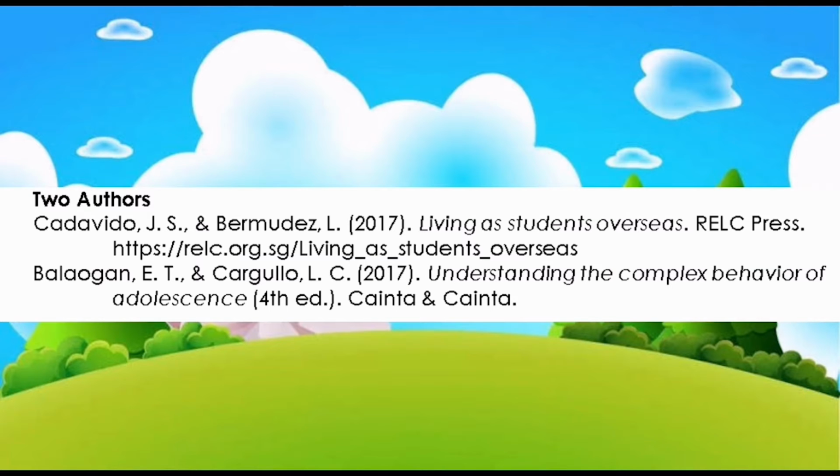Of course, you have to write the copyright year or the year of publication, which is 2017. And then the title of the book, Living as Students Overseas, that is italicized. And then of course, the name of the publisher, which is RELC Press. And then the website where you got this book, if it's online.